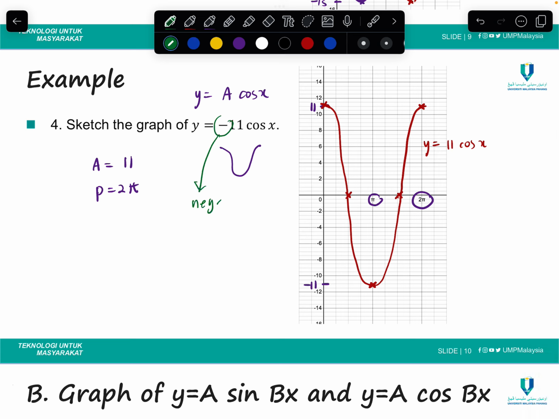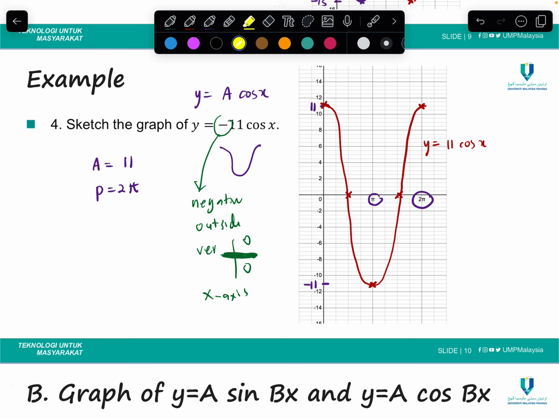Now the negative is on the outside, and we remember vertical. Vertical means that the reflection is at the x-axis again. So with the x-axis, remember, we can imagine we have a mirror there, so you can draw the reflection segment by segment like this.